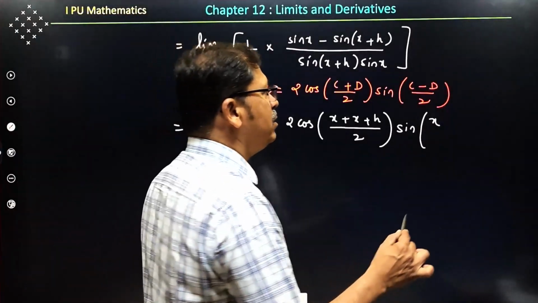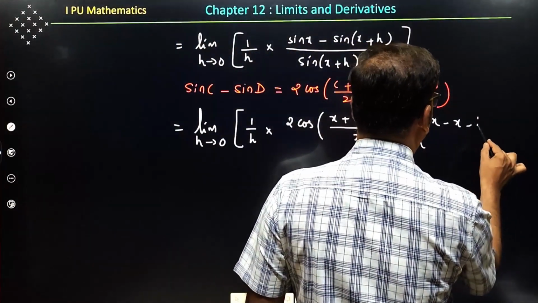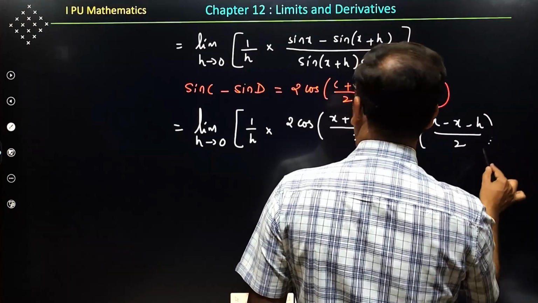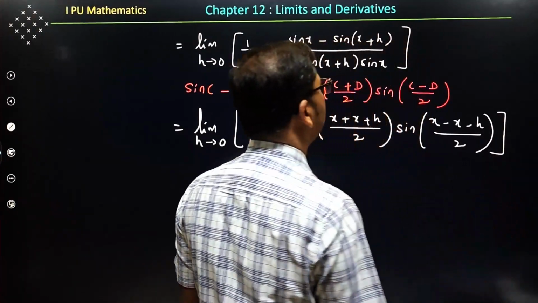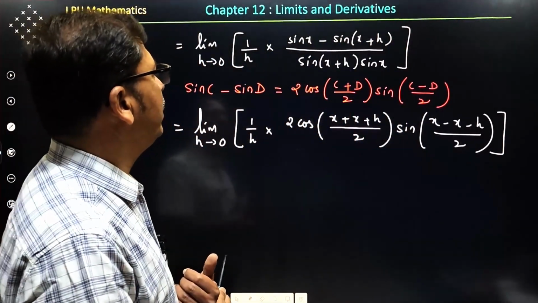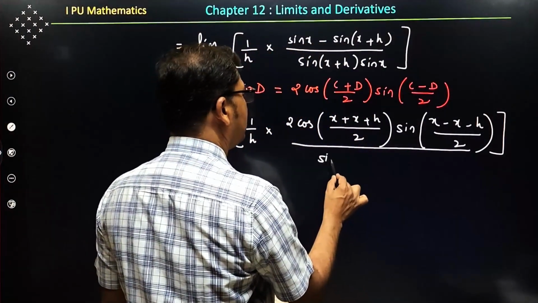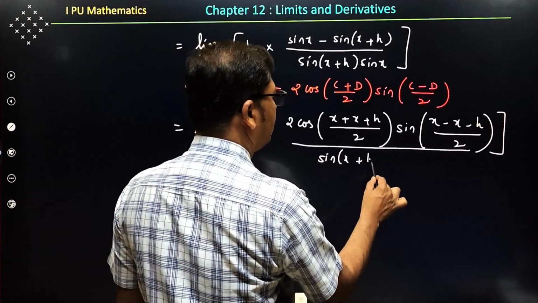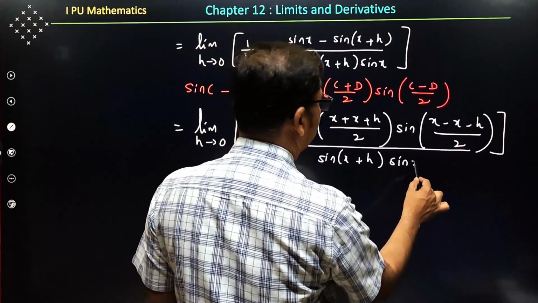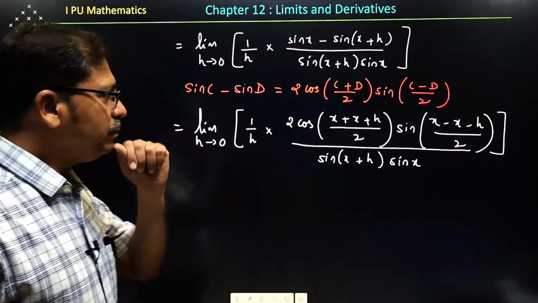Remove the bracket, so it becomes minus h whole divided by 2, and whole divided by sin of x plus h into sin x.